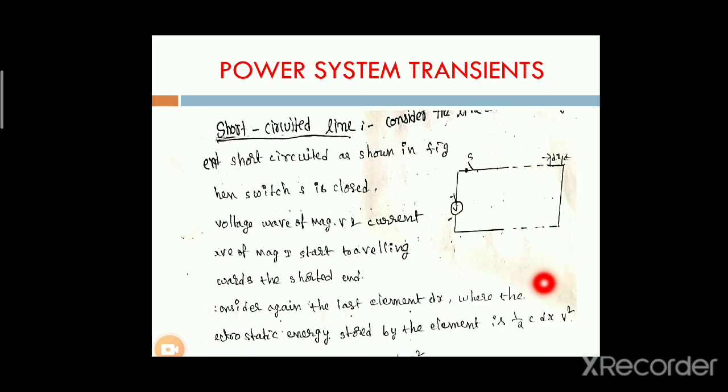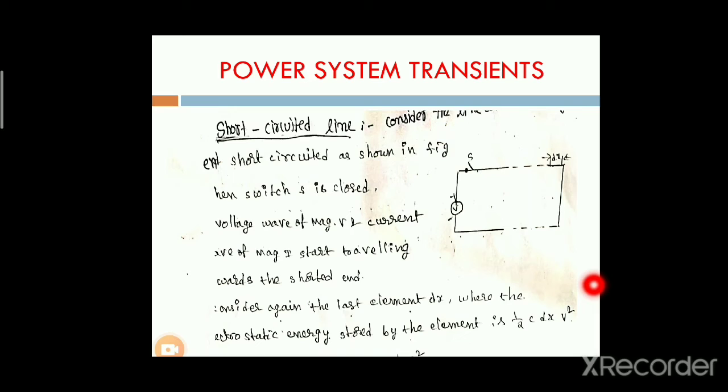This is the electrostatic energy stored in the small length dx.